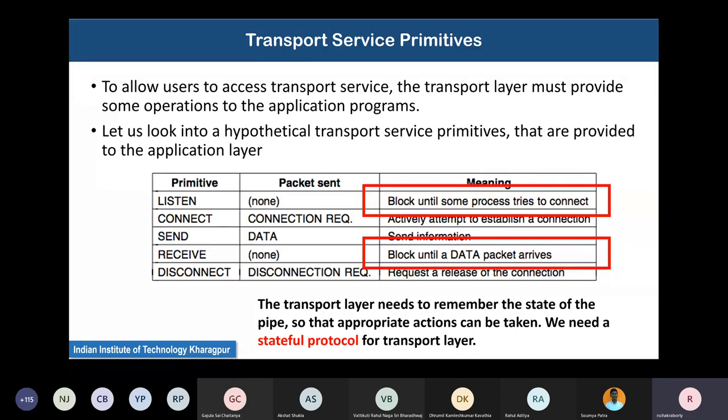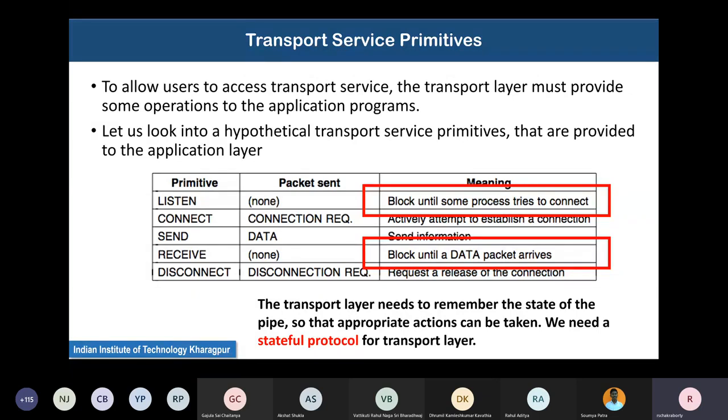The parts played by both parties become symmetrical, which means that any of the parties can perform any of the operations. They can send data, they can receive data, and they can request disconnect.